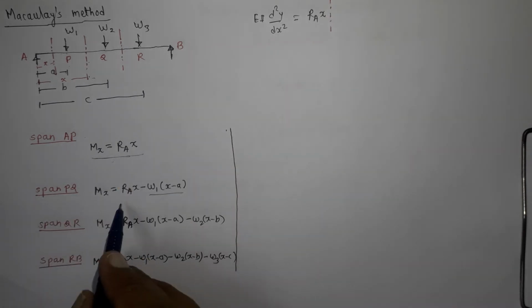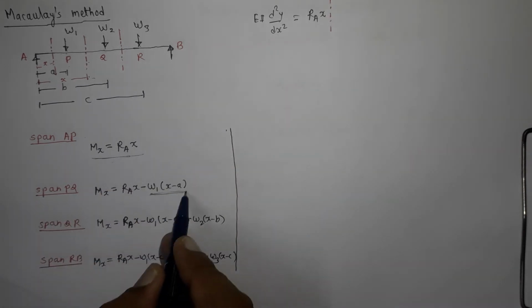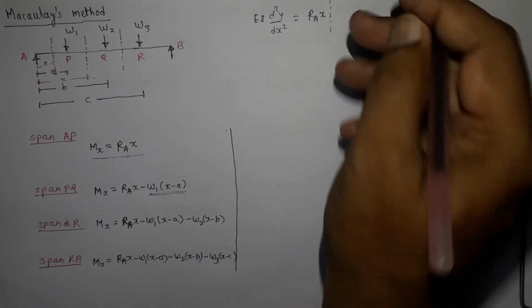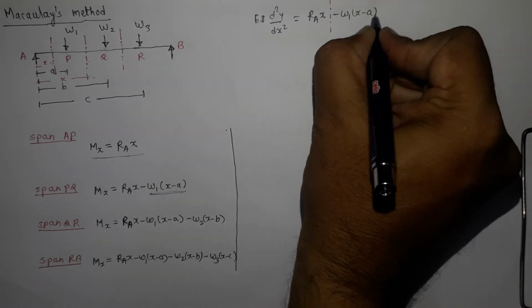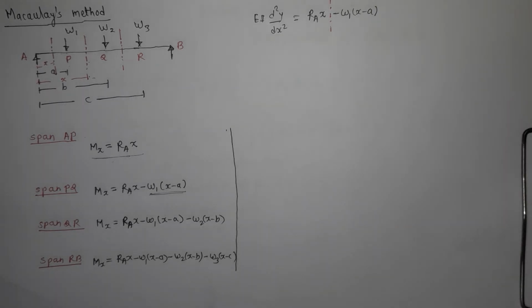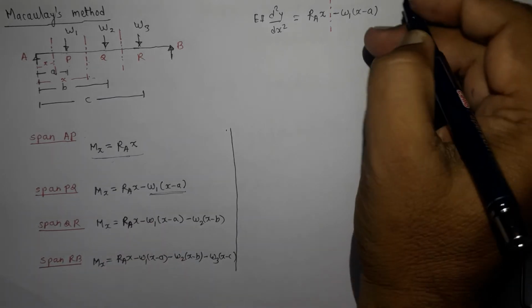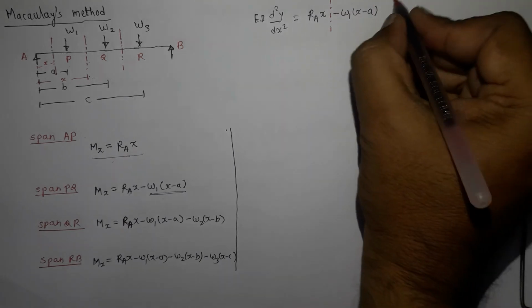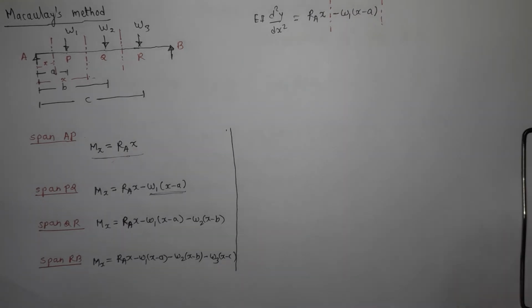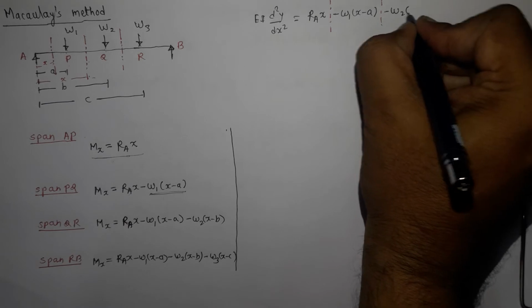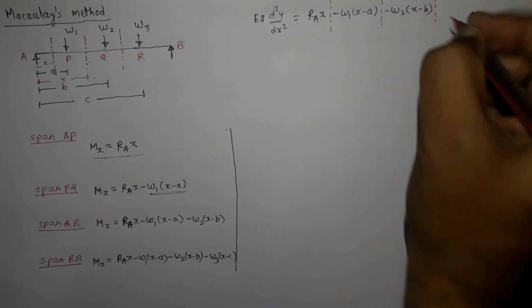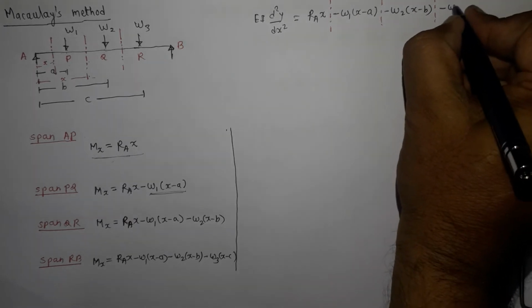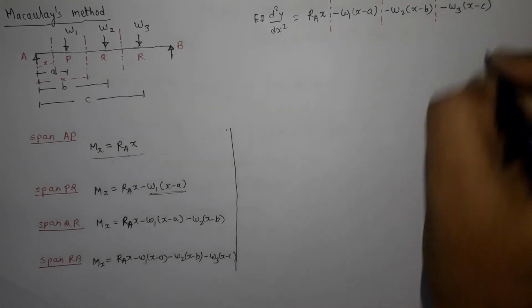So it is the second subspan, Ra into x is already there, so write the new term, that is minus W1 into x minus A. So second subspan is over, go for the third subspan, these two terms are already there, then you will have to write the next bending moment, which is equal to minus W2 into x minus B, sorry, and then the partition, and minus W3 into x minus C.